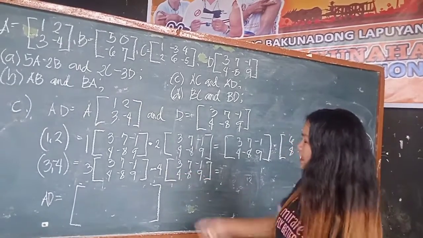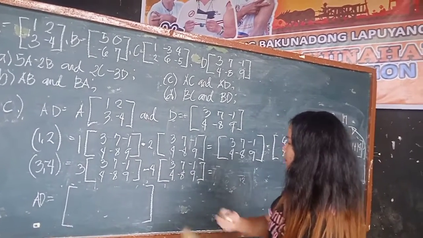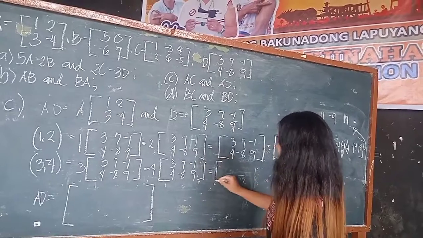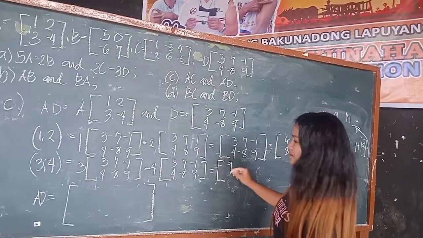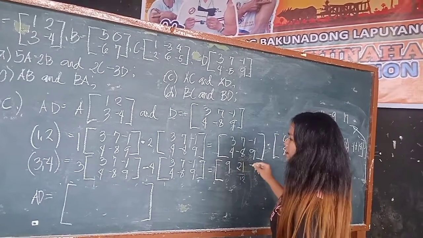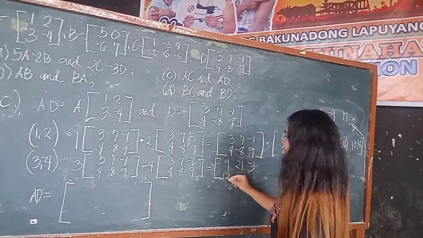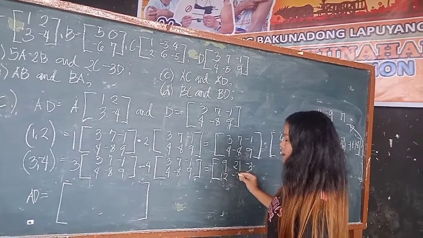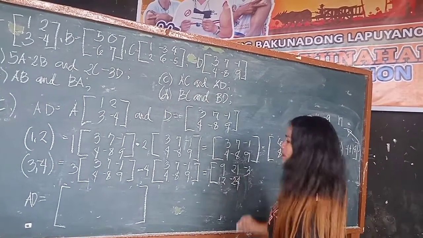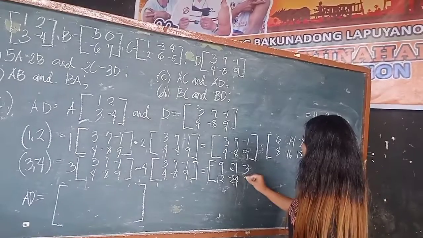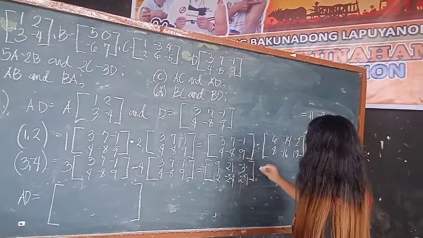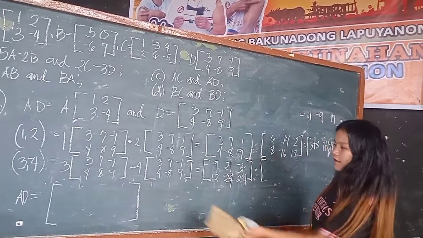So for 3 and negative 4, this is negative 4. So 9, 21, negative 3, 12, negative 24, then 27, positive 27, multiplied by negative 4.